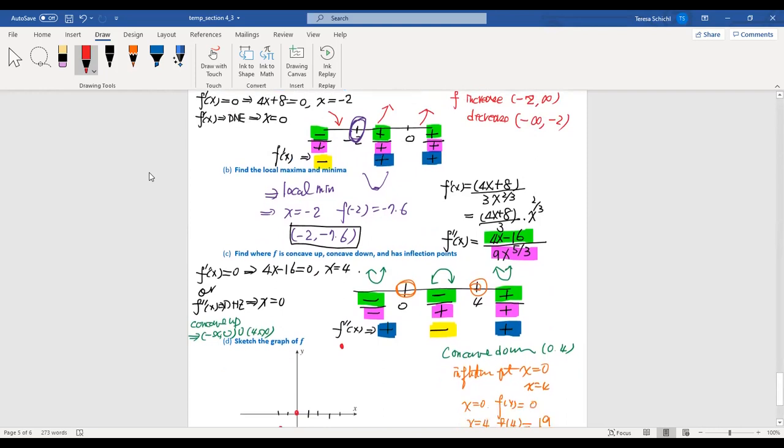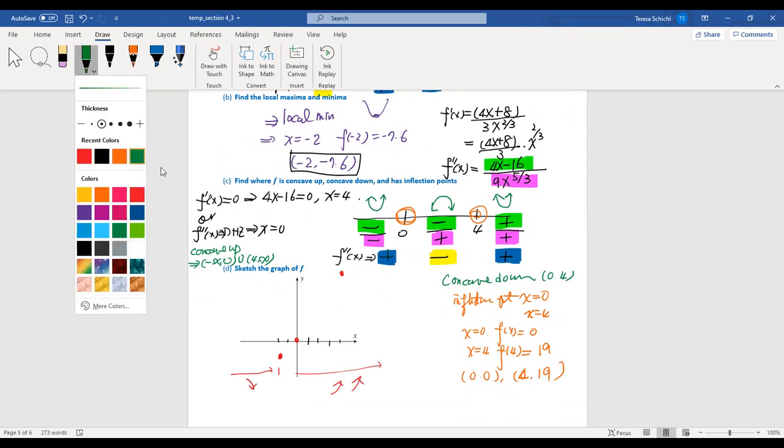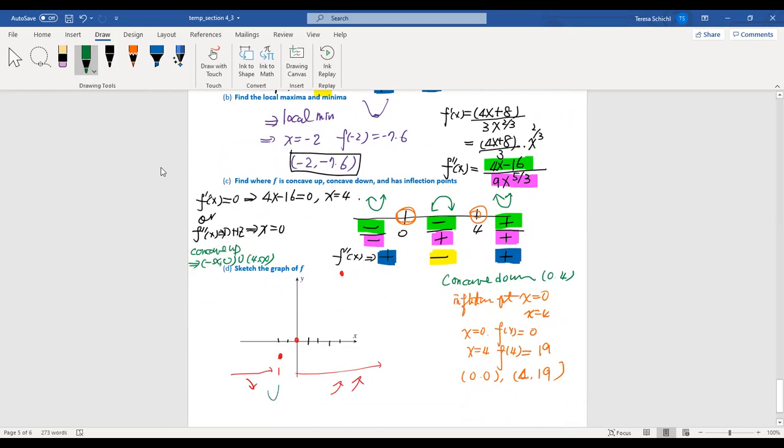The -2 is decreasing, then it continues increasing. So from here to here is decreasing, and from here to here is increasing, right? And from the concavity, less than 0 I'm going to have concave up, from 0 to 4 concave down, and concave up again.